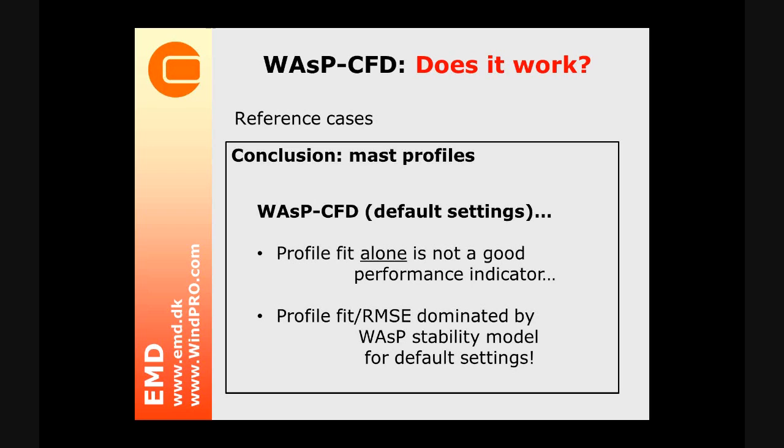So if you have just one mast and you look at the profile fit, that would not be a good indicator of how well you can predict other positions at your measuring height. And another thing is that this profile fit is strongly dominated by the WASP stability model, which is the same for WASP and WASP-CFD, in particular for default settings.